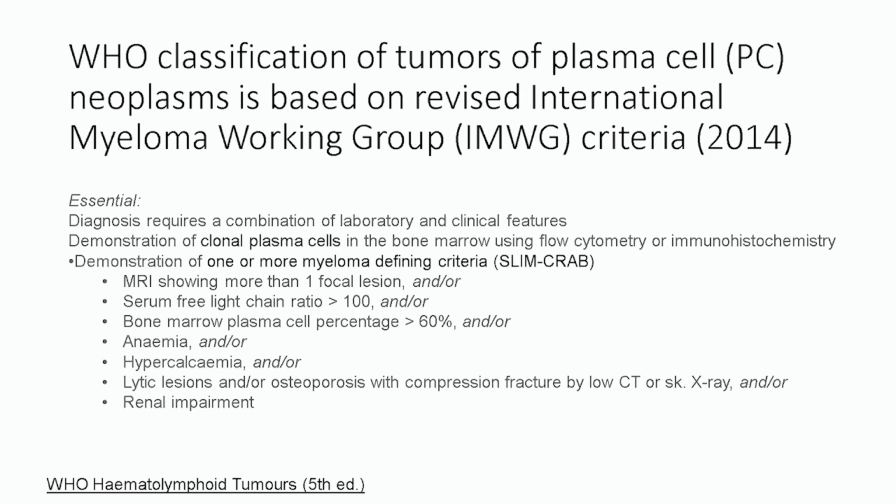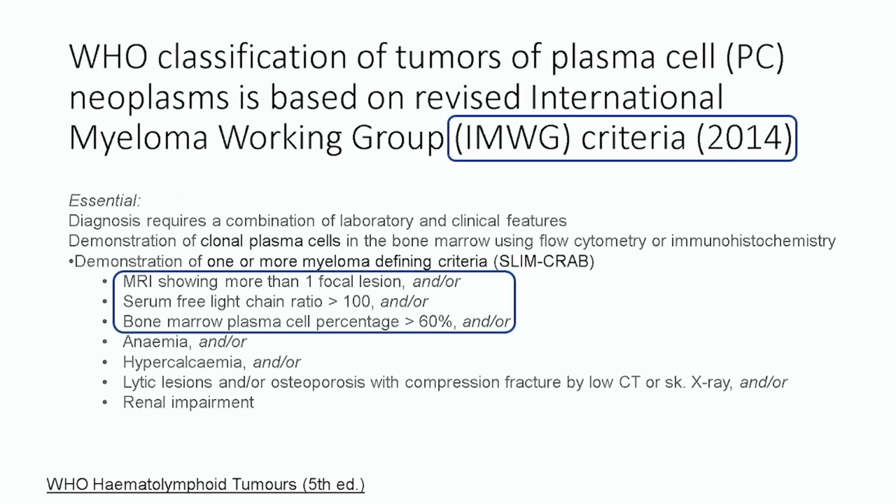And here I show you an excerpt coming directly from the WHO classification of hematolymphoid malignancies. And notice the first 3 points are actually the biomarkers of malignancy added in 2014, and the bottom 4 are the regular myeloma defining events, or the evidence of end organ damage, the anemia, hypercalcemia, and lytic bone lesions.